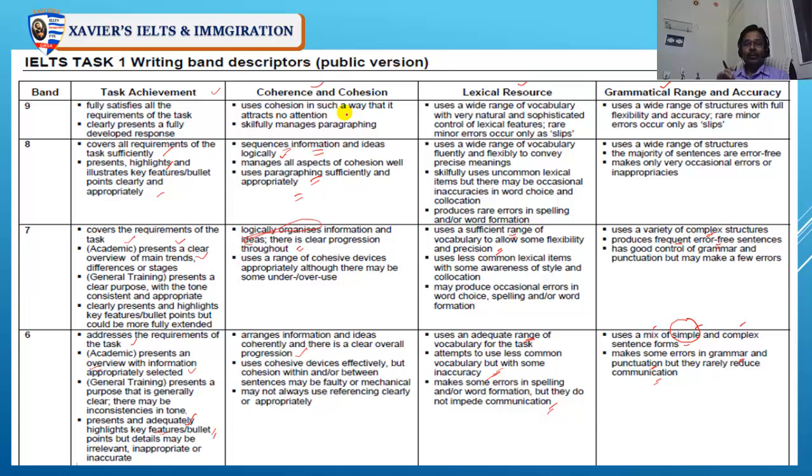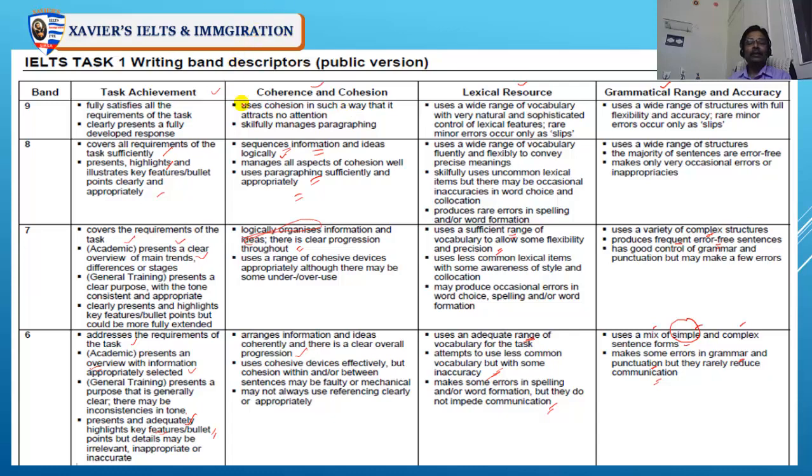That means no extra paragraphs, no fewer paragraphs. That means if the task needs an introduction, an overview, and 2 body paragraphs, there must be only 4 paragraphs. If your task demands 5 paragraphs, then your task must have 5 paragraphs, right? So this is what is given. Uses paragraphing sufficiently and appropriately, right?